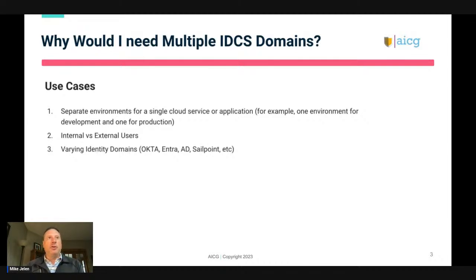You may also have multiple identity domains, lots of different tools and technologies out there, especially in the larger enterprises. Those enterprises might be on a journey to consolidate identity domains from a tooling perspective. You might say, we are going to sunset A, B, and C identity domain, and this identity domain is going to be the new go-forward.